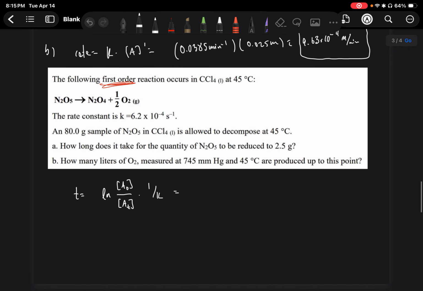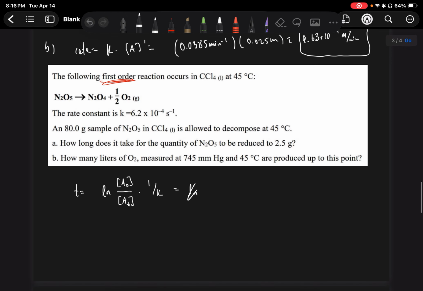Okay, let me break down these units. Okay, wait. What is concentration? Concentration is moles per liter. Now, take this for example.